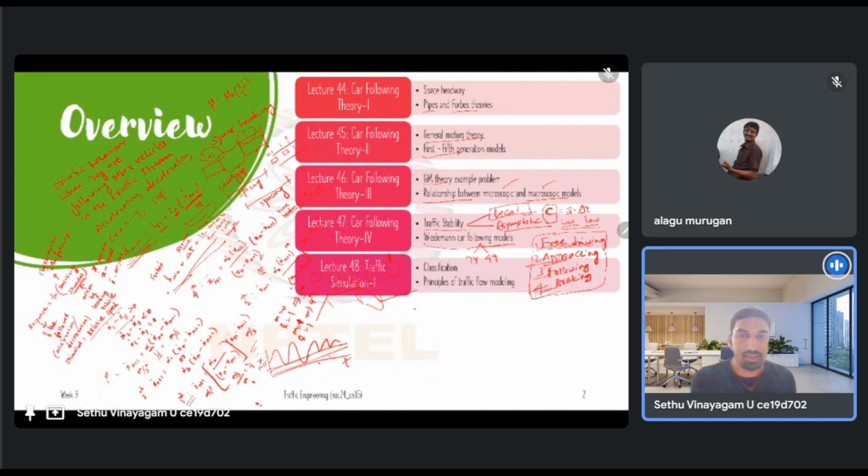Deterministic means if this is the situation, this is going to be the response, and this is not going to change at any time. Whenever the input is A, the output is going to be the same. There is no randomness, so we call it a deterministic way of simulating it.